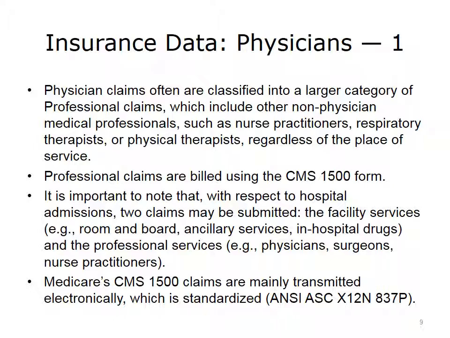Because professionals use a different claims form, hospital admissions may produce two claims: the facility services, such as room and board, ancillary services, and in-hospital drugs, and the professional services, such as physicians, surgeons, nurse practitioners, and so on. Most CMS 1500 forms are electronically submitted. CMS uses the ANSI ASC X12N 837P standard to receive professional claims.